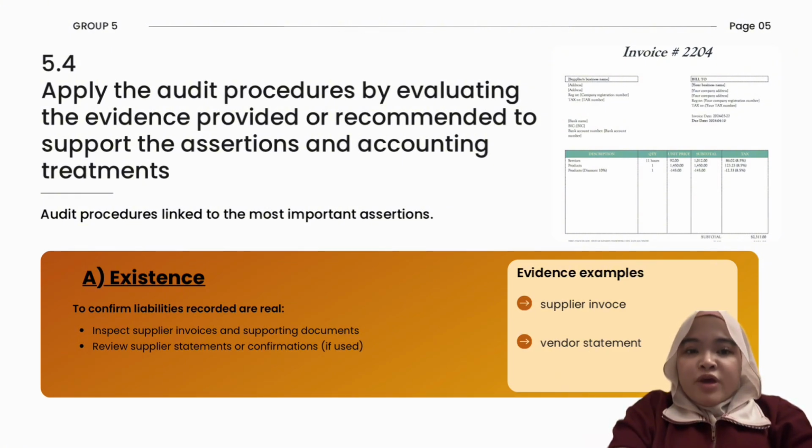Examples of evidence include supplier invoices and vendor statements. These documents help the auditor verify that the amounts recorded in accounts payable are accurate and valid. In conclusion, this audit procedure ensures that the company does not record fake or incorrect liabilities.